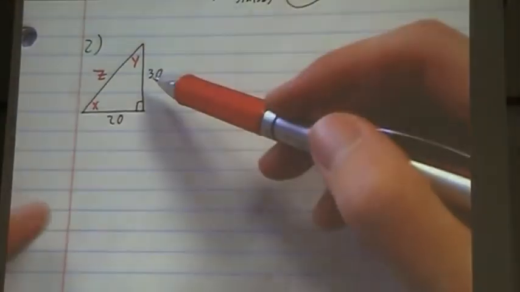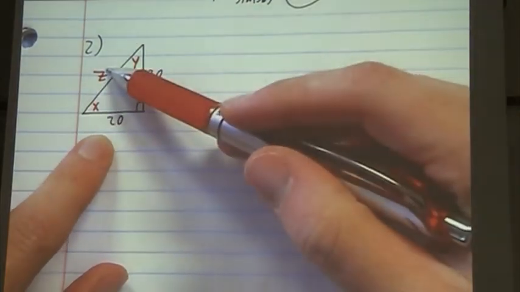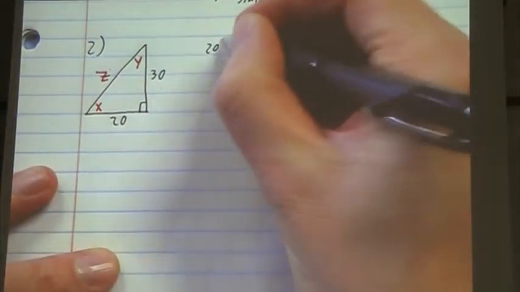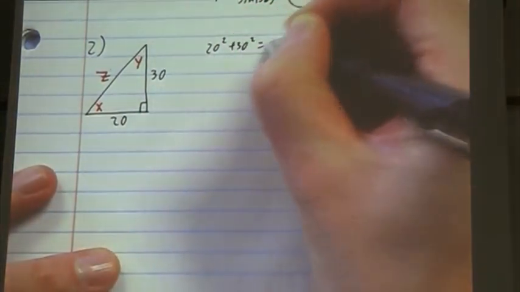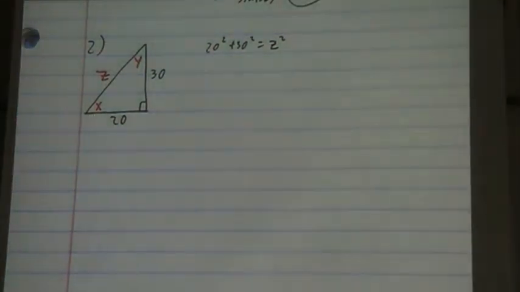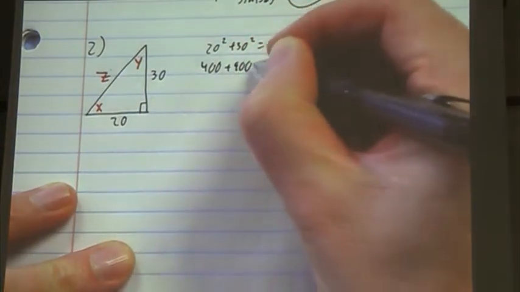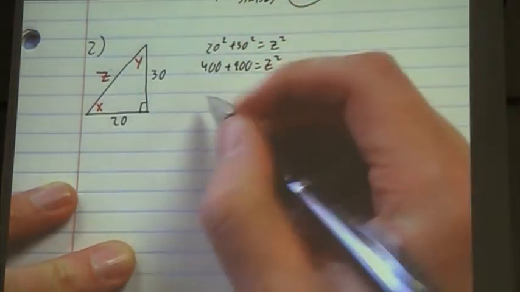With this problem, we could use Pythagorean theorem real quick to find our hypotenuse. A squared plus b squared equals c squared. If you want. I'll do that. I'm going to use Pythagorean theorem. So I can go 20 squared plus 30 squared equals z squared. I am going to need to use my calculator most likely here. 400 plus 900 equals z squared. Combine my terms.